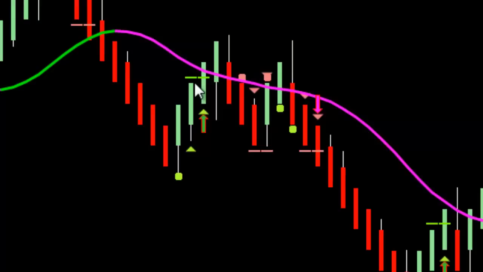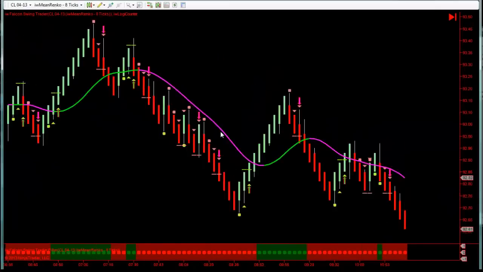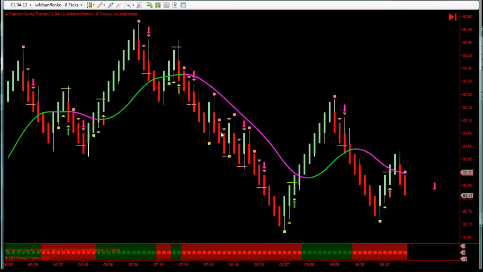So what does a good signal in the Falcon look like? Well, let me show you my favorite Falcon signal, and it's actually very easy to recognize. This signal occurs when the trend line changes color.